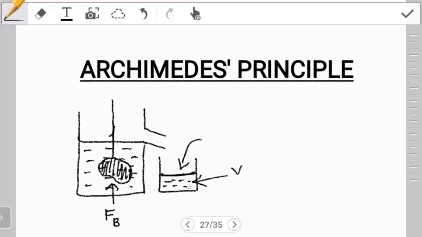So if we can find the volume of the displaced fluid, this V here, its weight will be equivalent to the buoyant force that the object will experience. This buoyant force will act upwards through the center of mass of this object. This kind of explains why objects would tend to feel lighter when they are immersed in a fluid.